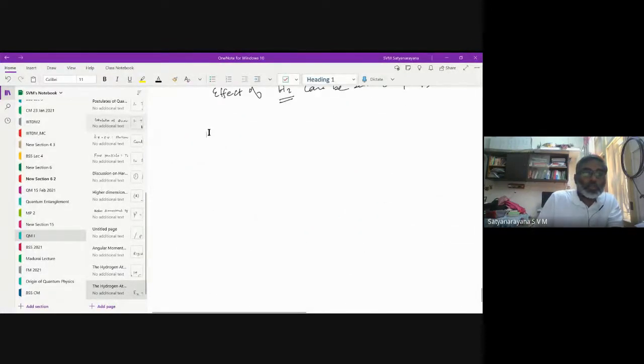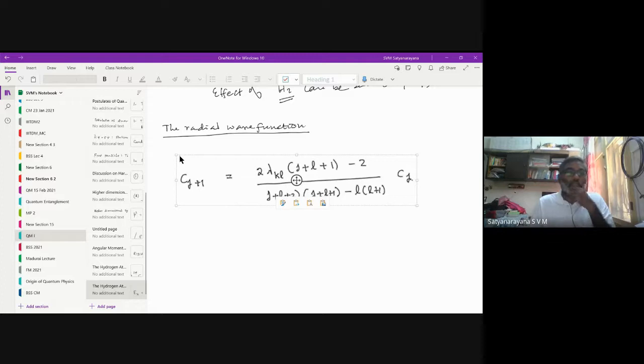We will be interested in the radial wave function. So we will start with our recurrence relation like this.